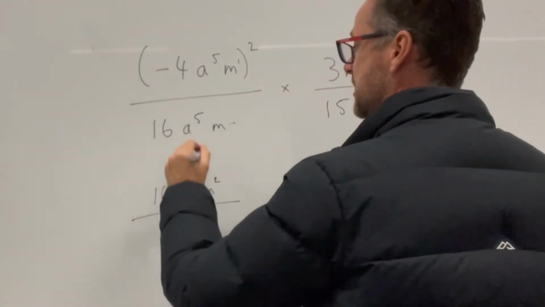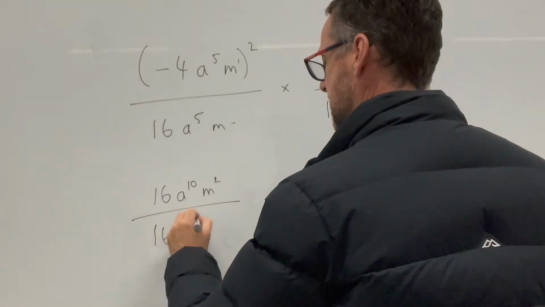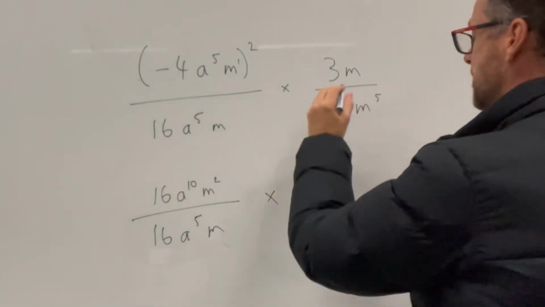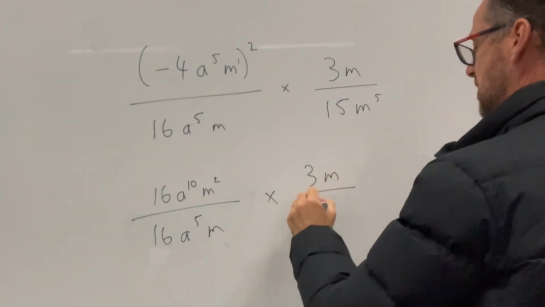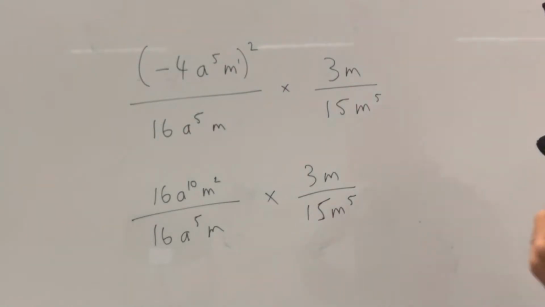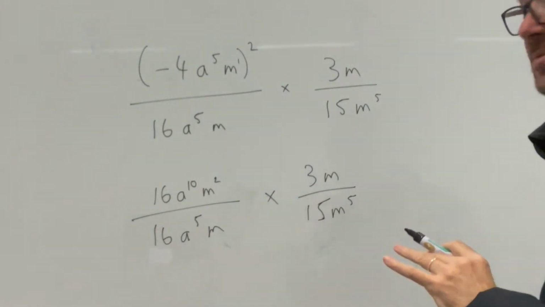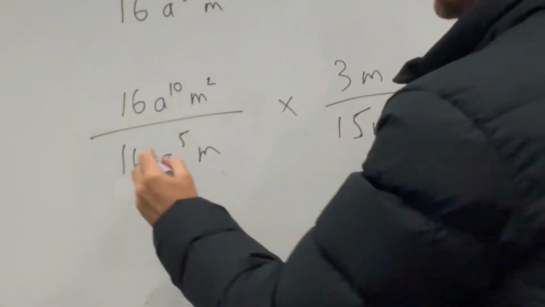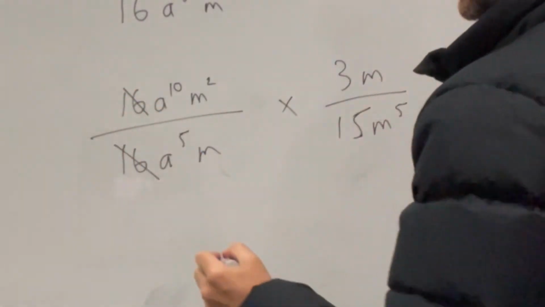And that's all over 16a^5n, and that's multiplied by 3n over 15n to the 5. So we've now got rid of the brackets, now we can do some cancelling. So we can see here that we can cancel that 16 with that 16.